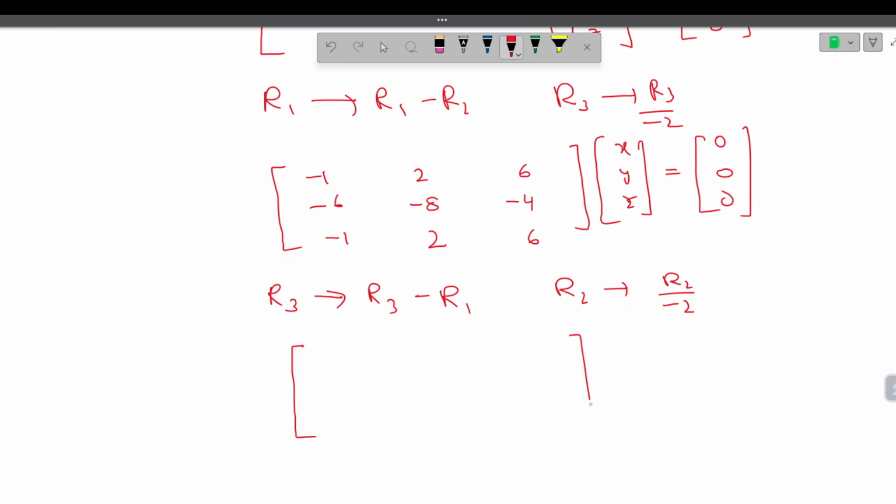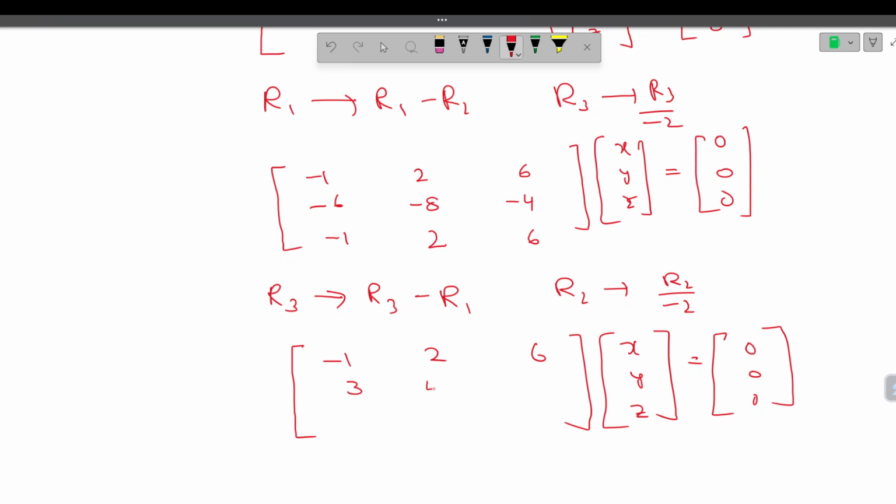So R1 as it is, R3 implies R3 minus R1. 2 ones are 2, 2 threes are 6, 2 fours are 8, 2 twos are 4, 2 fours are 8, 2 threes are 6. Now minus 1 plus 1 is 0, 0, 0.